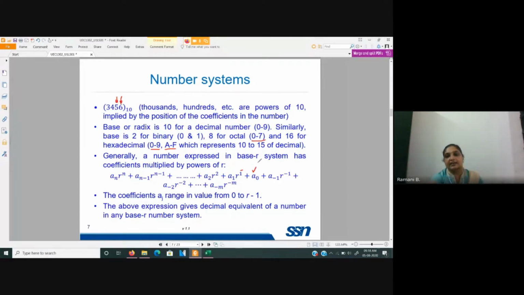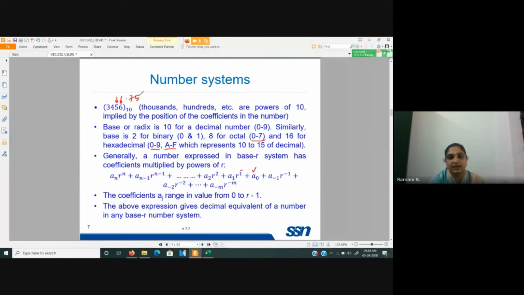If it is any other number system, we don't call it a decimal point. If you are going to have a fractional part, we give the number defined in this format. So if in the decimal system itself I have 3456.75, in that case, what happens?